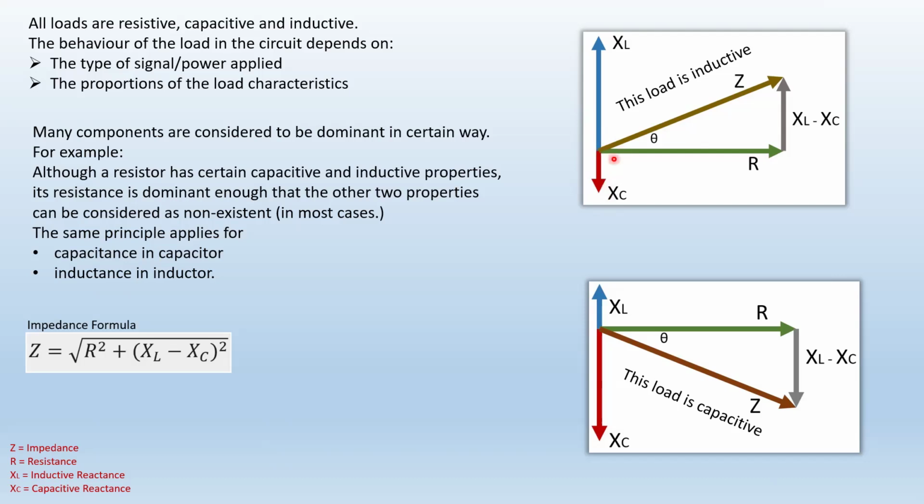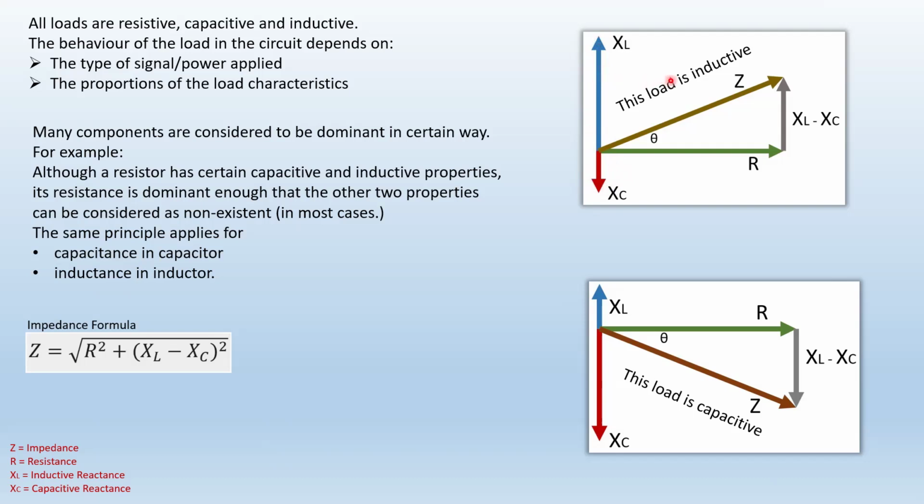Now, if we have different components in series, we have a power supply, the resistor, the capacitor and the coil all in one circuit, or maybe there are other things connected to it. Things are going to happen and give us a total load. In the case where the inductive reactance according to the frequency is bigger than the capacitive reactance, we just take that and put it here, and it's going to make that much smaller.